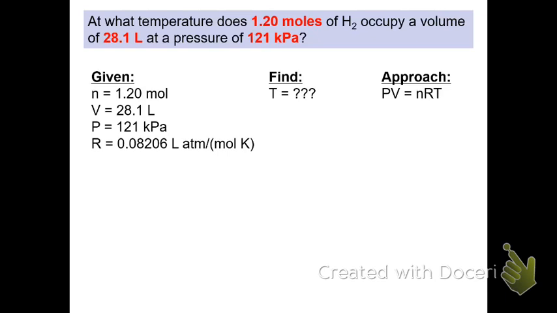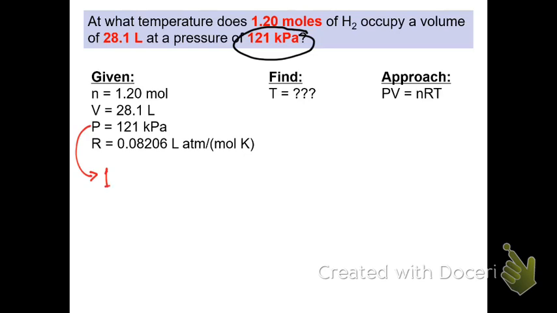We can use this ideal gas law equation, PV equals nRT, but the problem here is that this is pressure in kilopascals, and so we would have to convert this to atmospheres first, right? So we're going to convert this to atmospheres.